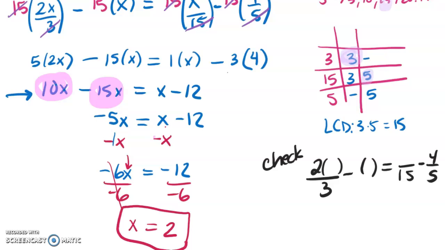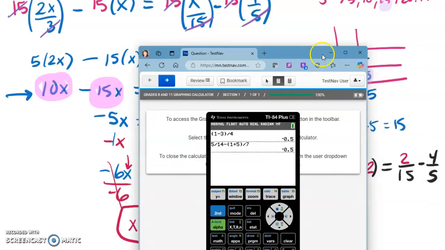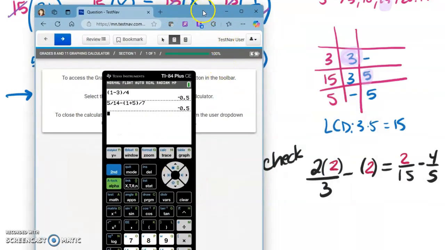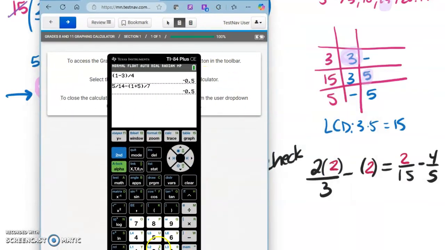So plugging in 2 here, here, and here. And again, why work with all these fractions? Let the calculator do the work of just the checking.